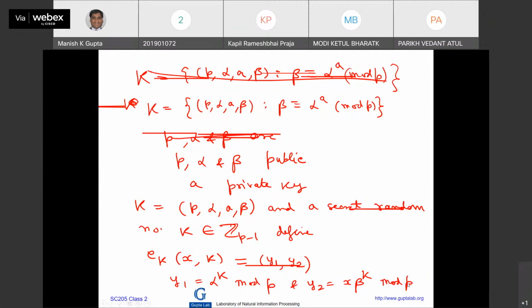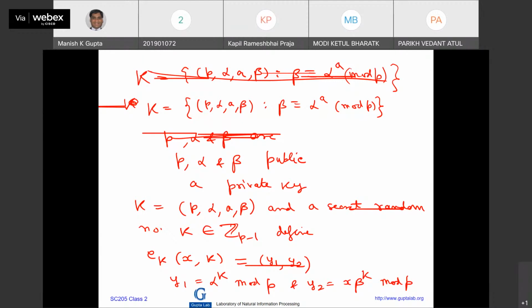So x is our plain text, and k is a randomly chosen secret number. The encryption function combines x and k. The cipher text is the pair y1, y2, two numbers. Y1 is alpha raised to k mod p, and y2 is x times beta raised to k mod p.